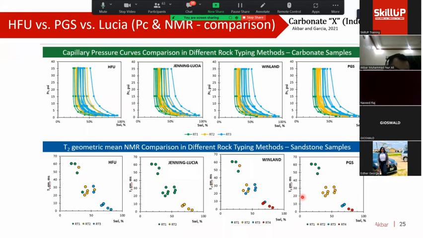This is important because when we try to predict the permeability based on the T2 from the NMR, the PGS can lead to a better interpretation of the permeability prediction based on the NMR data if we combine the rock typing method into the predictions.